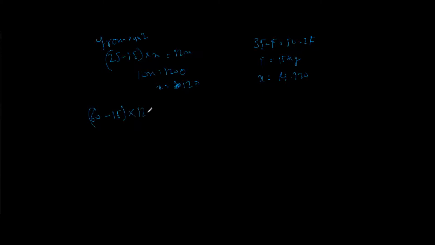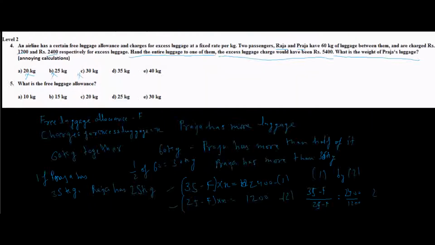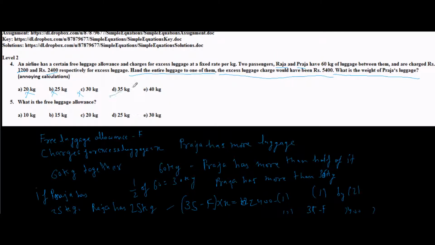And since it is 120 rupees for excess luggage per kg, the total charge would have been 60 minus 15 into 120, which is 45 into 120, which is 45 into 100 plus 20, which gives 4500 plus 45 into 20, which is 900, which is 5400. So yes, this option satisfies all the conditions in the question, hence 35 kg is my answer.